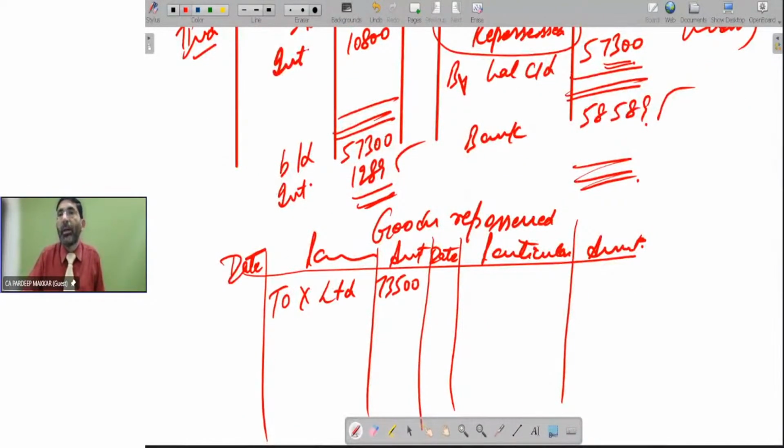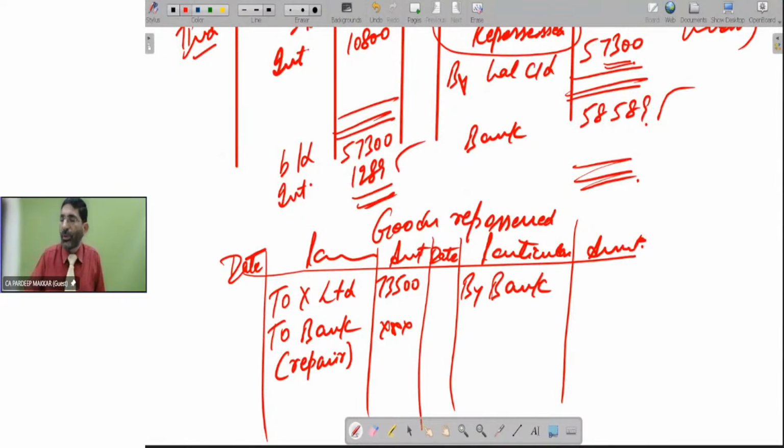Now he will get it repaired if required. If required, he will repair. If he makes any expenses on repair of these goods, then that will be entered here. In this case, there are no repair expenses. Then he will sell those goods again, resell those goods. We can say by bank account, bank account debit to goods repossessed account, at the price at which it is sold off.